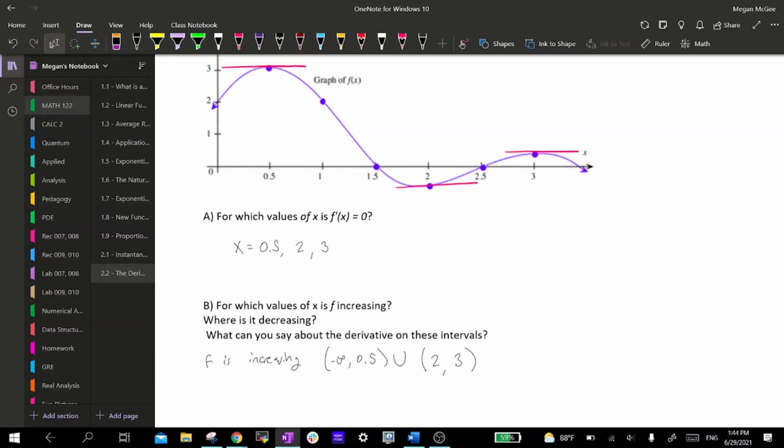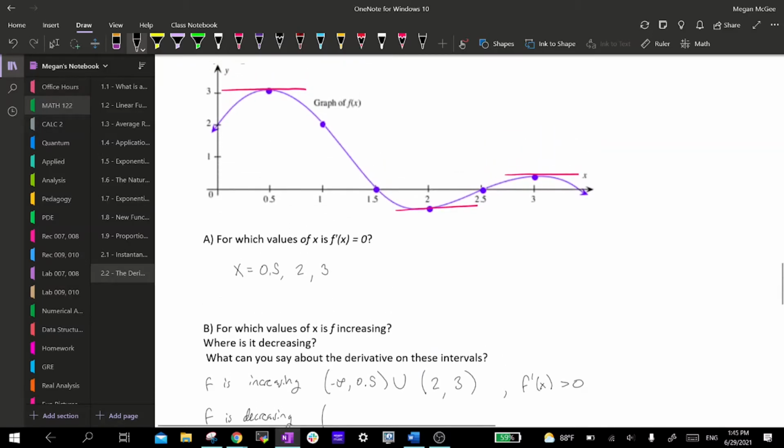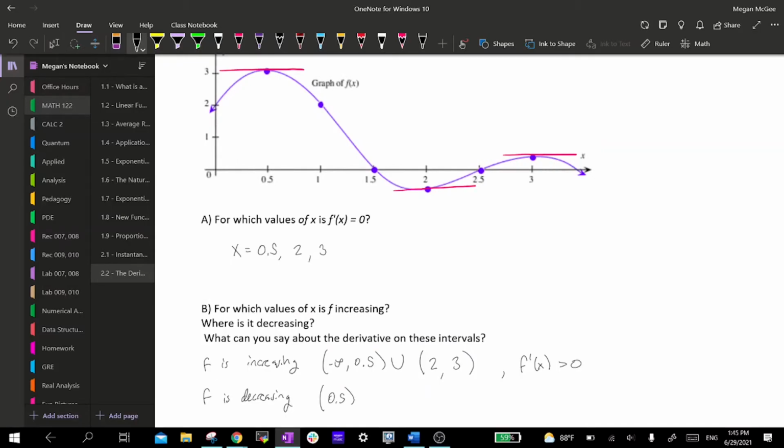And if f is increasing, we know that the derivative must be positive. Okay? So then f is decreasing on the intervals 0.5 to 2, and again from 3 to positive infinity. And we know when f is decreasing, the derivative is negative, so less than 0.